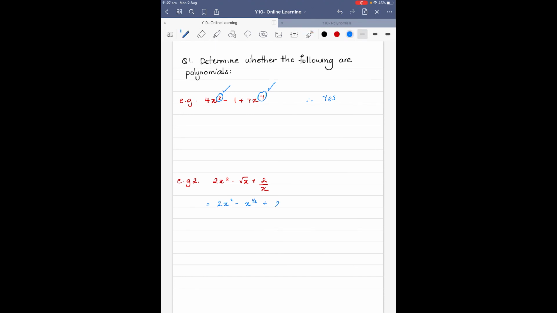So 2 is already above the ground, x is now above the ground, but it's dead still, so it's -1. Now, looking at this, this is a positive power, this is a positive power, this is a negative power. That means it is not a polynomial. Cool.